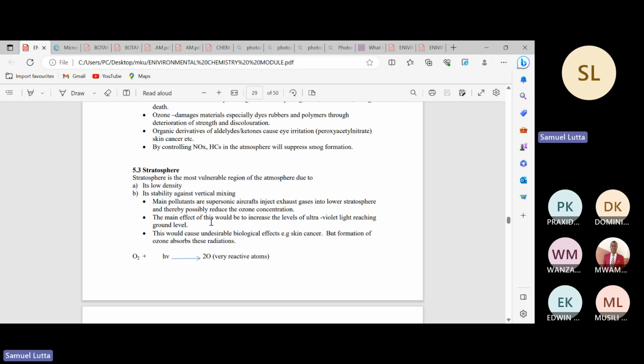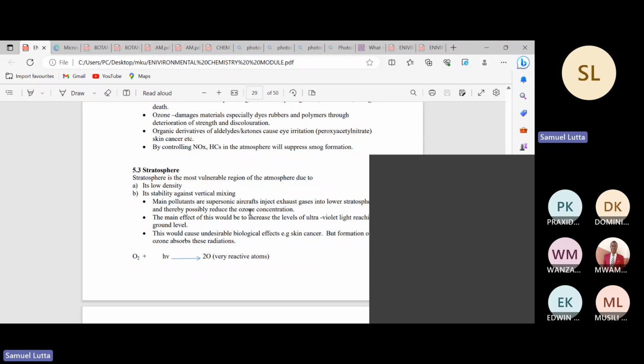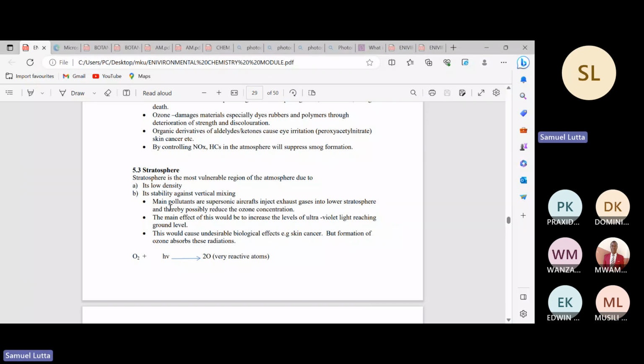The major pollutant source in the atmosphere, if you look at the skies, is the aircraft. When they fly into the atmosphere, they exhaust, they release gases into the lower atmosphere. Of course, because of the density, we said some of these things might fall back. And when you have these organics, they can react with ozone, and this can reduce the ozone concentration because ozone easily combines with the NOx and the hydroxide radicals produced during this reaction.